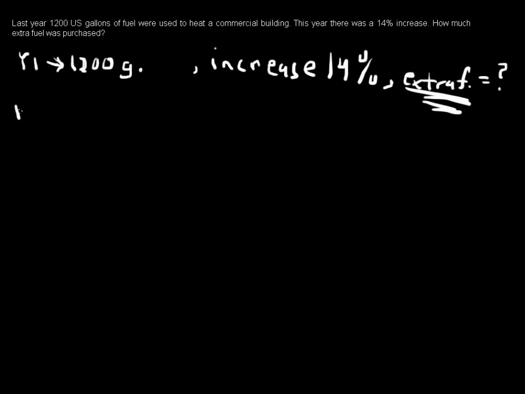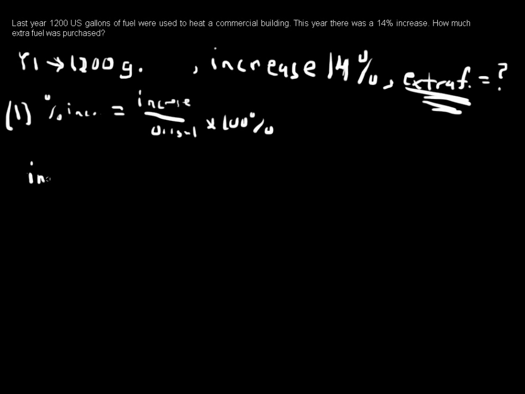Of course, the easiest way that a lot of people will come to is knowing that there is a 14% increase. So what does percent increase mean? Percent increase is the increased amount over the original times 100%. So if you write that again, filling out what you already know: you don't know how much you increased by, but you know the percent.